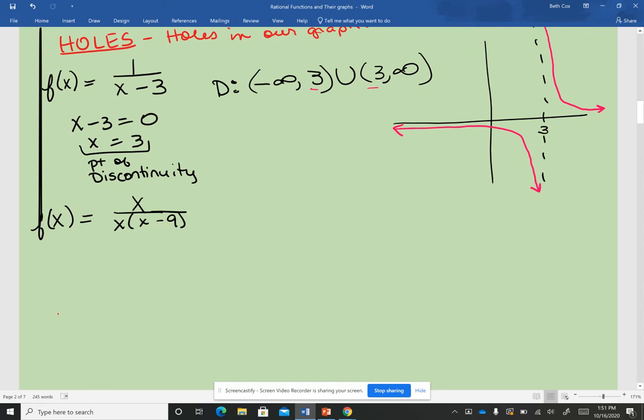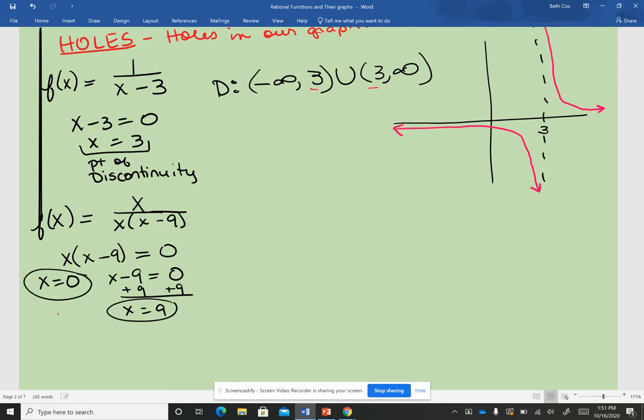Okay, so take the denominator, set it equal to 0, and we get our points of discontinuity. Points of discontinuity are 0 and 9.